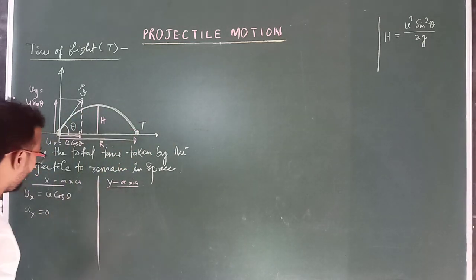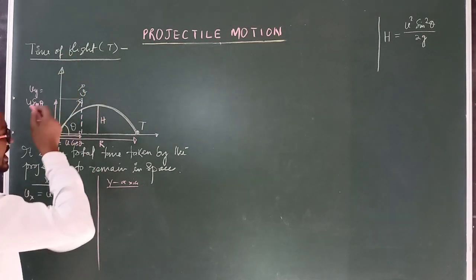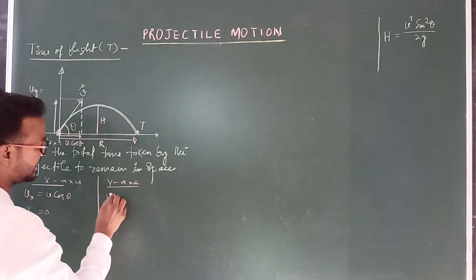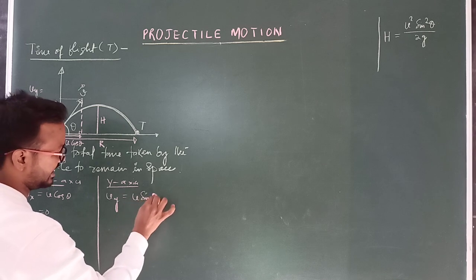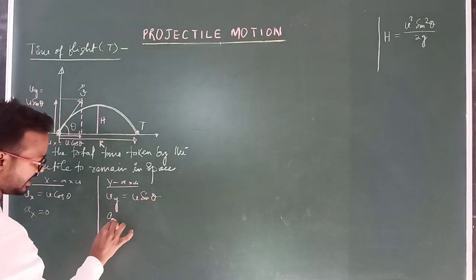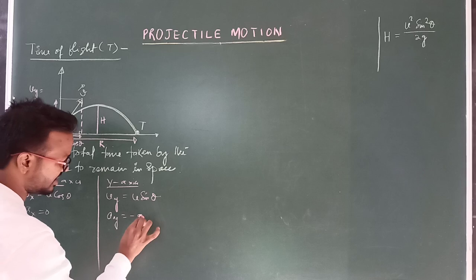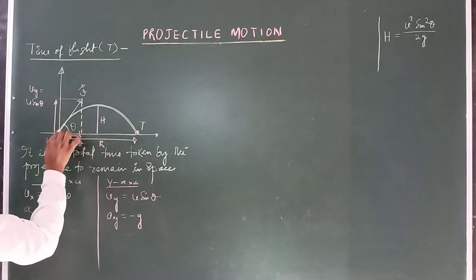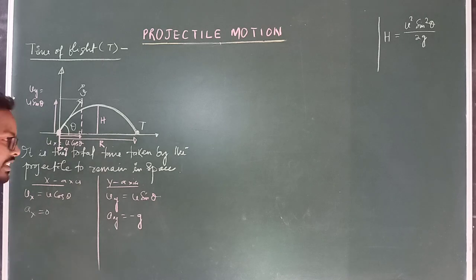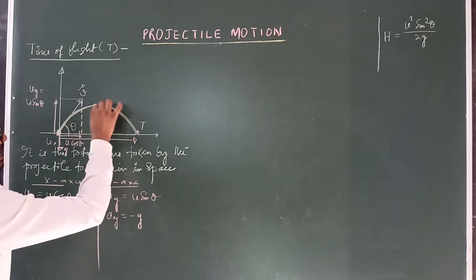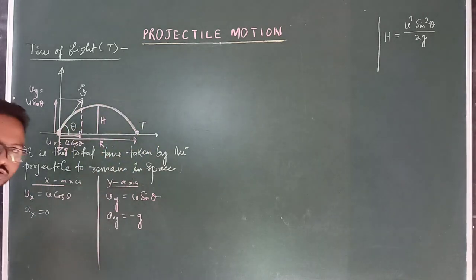Clear? But along the vertical direction, the y-axis, the initial velocity uy has value u sin theta, and acceleration along the y-axis is minus g, because g is always in the downward direction. Clear? We have to find the total time taken by the projectile during its motion.